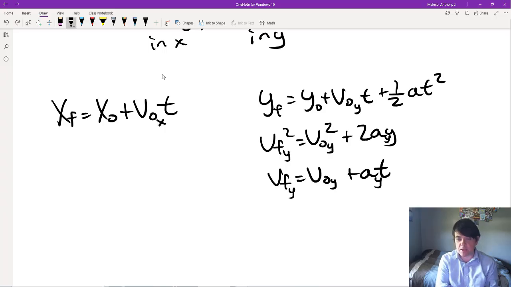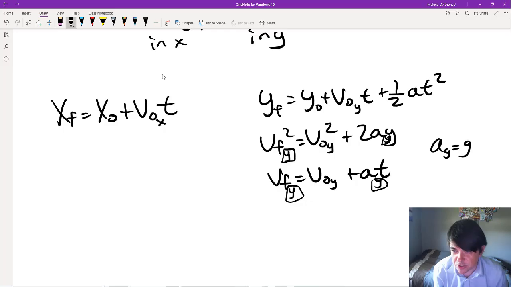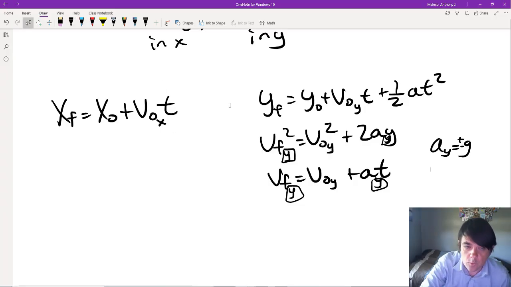That's just to be super explicit. Again, there is no v final over here, so you don't need this subscript, okay? But it's nice to have, and a lot of times ay is just going to be g anyway, either plus or minus g. So keep that in mind as well. But again, the time is the same, so you don't need to add a subscript to that.